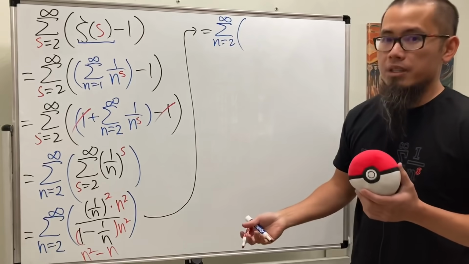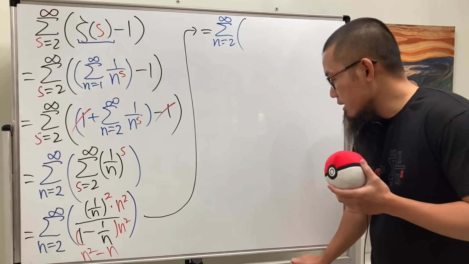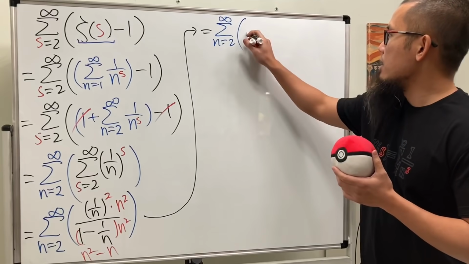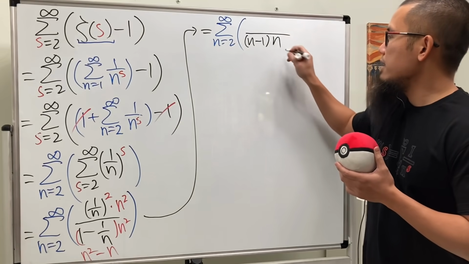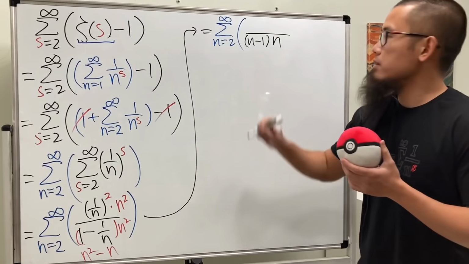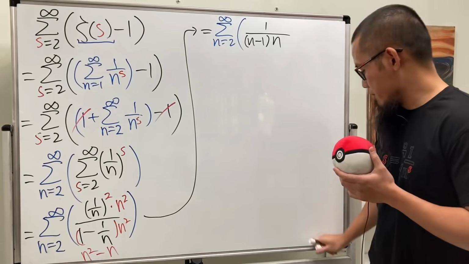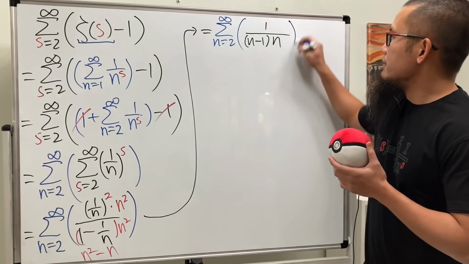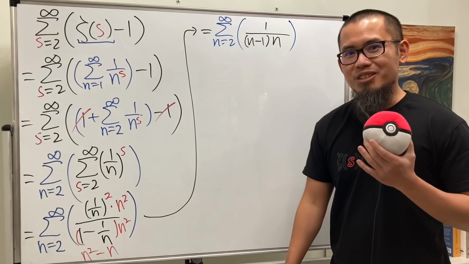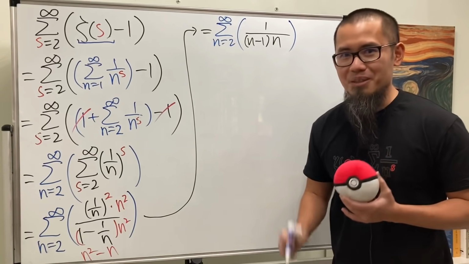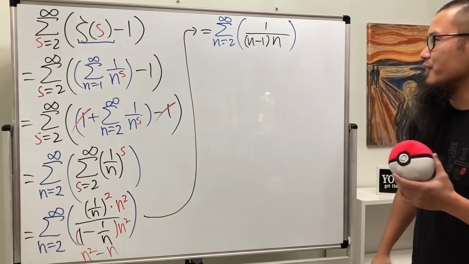So we can factor out an n, right? And when we do that, I'm actually going to write this down. Let me put down the n minus 1 first and then the n. And on top we just have 1. So that's what we have. And now, do we recognize what kind of series this is? Yes, this is just a telescoping series from Calculus 2.